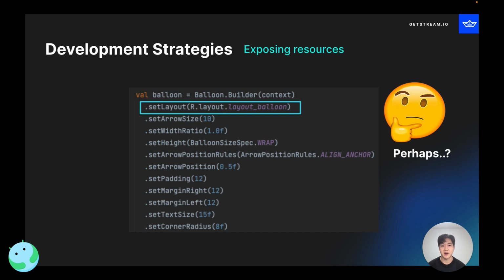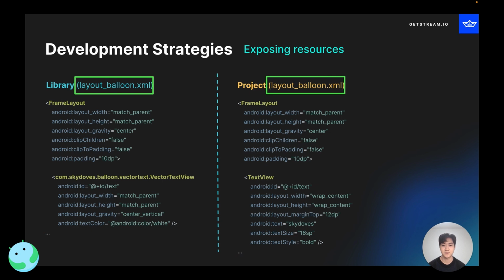They used a custom layout called the layout_balloon.xml file, which is the same name as the library's one. So what happens if a library user uses a resource that has the same name as the library's one?